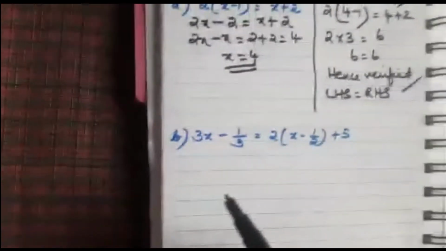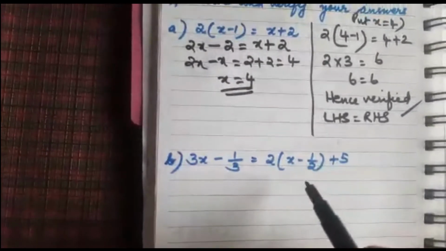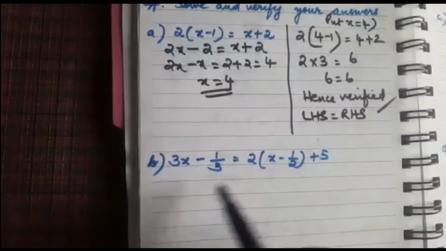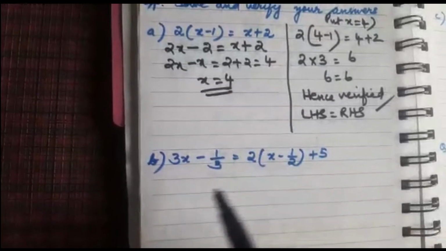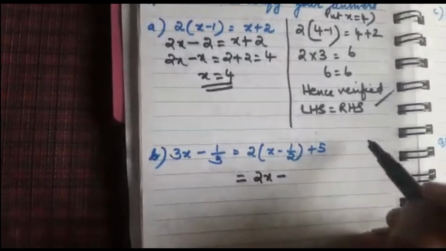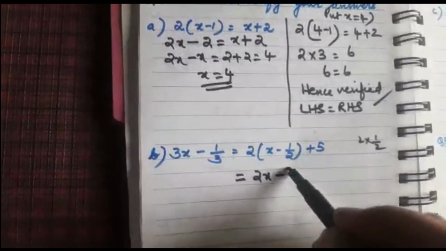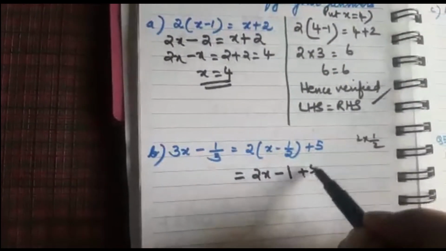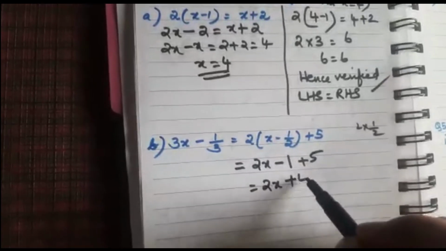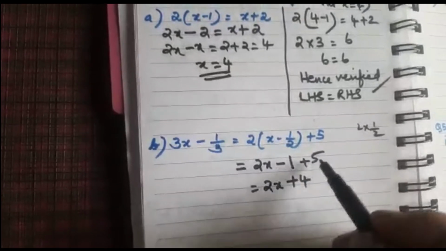Yes. Next, 3x minus 1 by 3 equals 2 into x minus. So what will you do? First you can either take the LCM, or else first expand the right hand side. So 2x minus, what is 2 into half? That is 1, plus 5. So it is 2x plus 4, minus 1 plus 5. 5 minus 1 is 4.